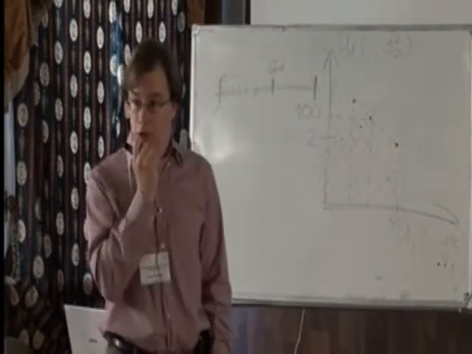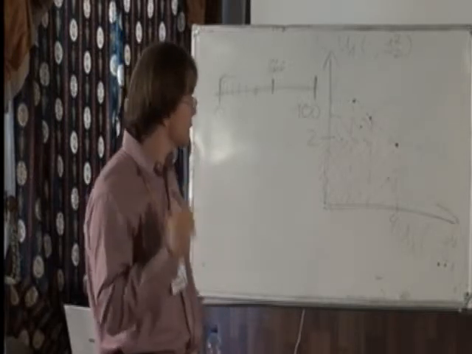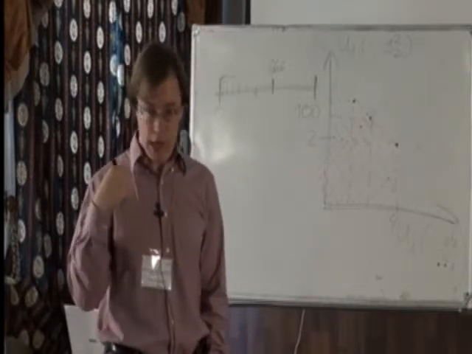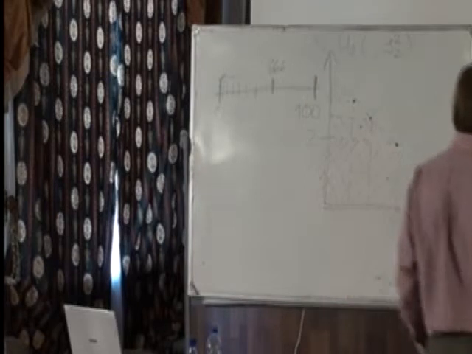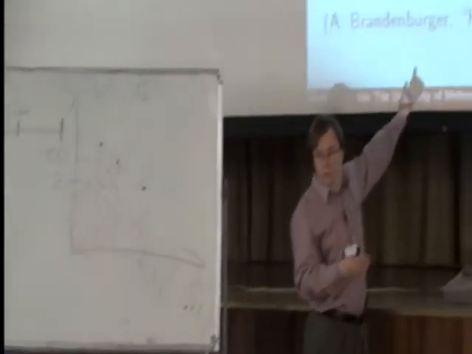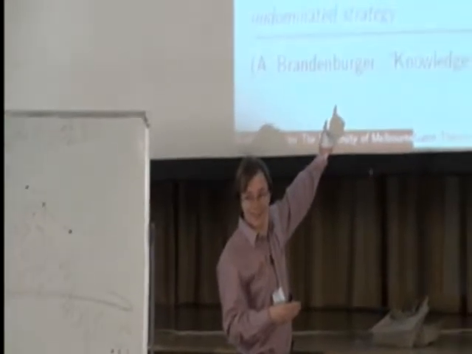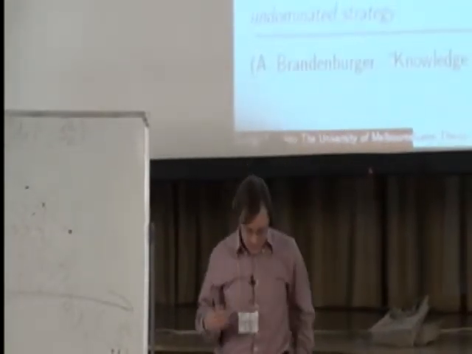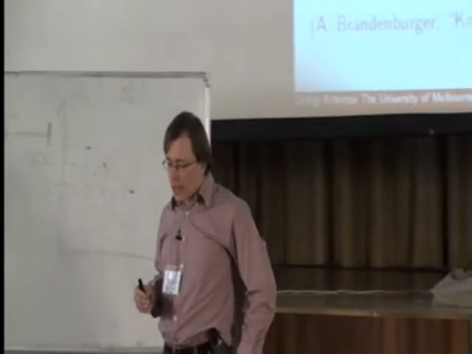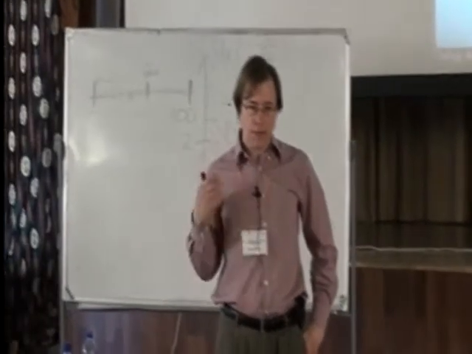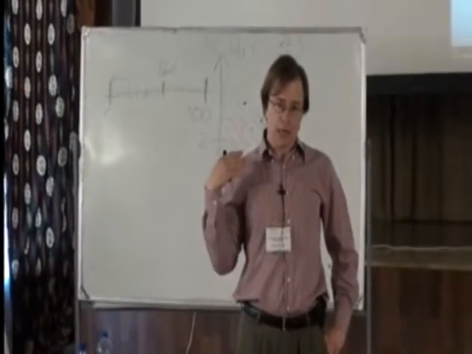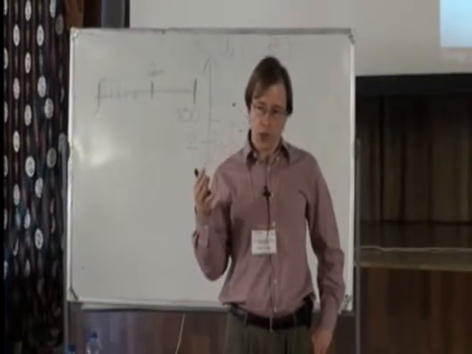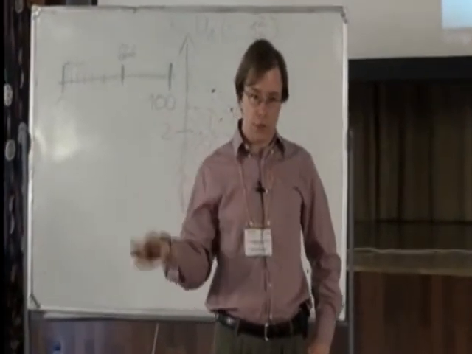No. So this is exactly the message which I want to get across, that if we assume that it is a common knowledge of rationality, yeah, so let me repeat the question. The question has been whether common knowledge is necessary and sufficient for Nash equilibrium.